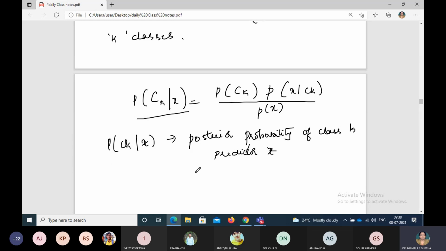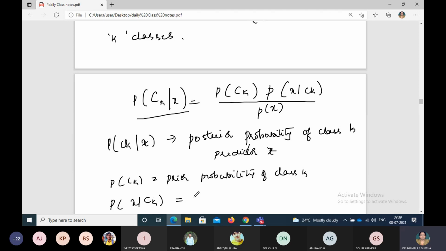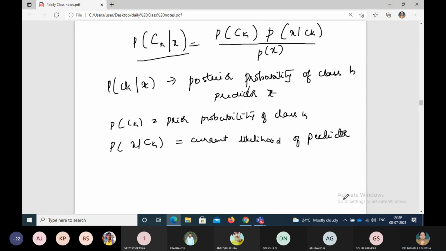Next, the P of Ck in the numerator is the prior probability of class K. Next is P of X given Ck, which is the current likelihood of the predictor given the class.